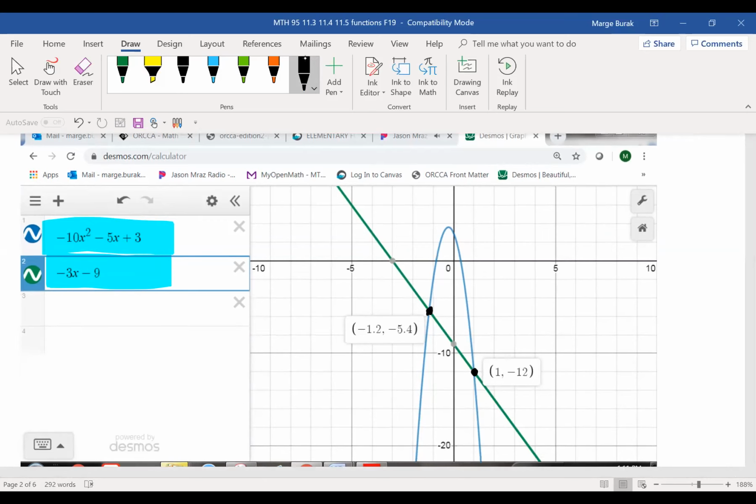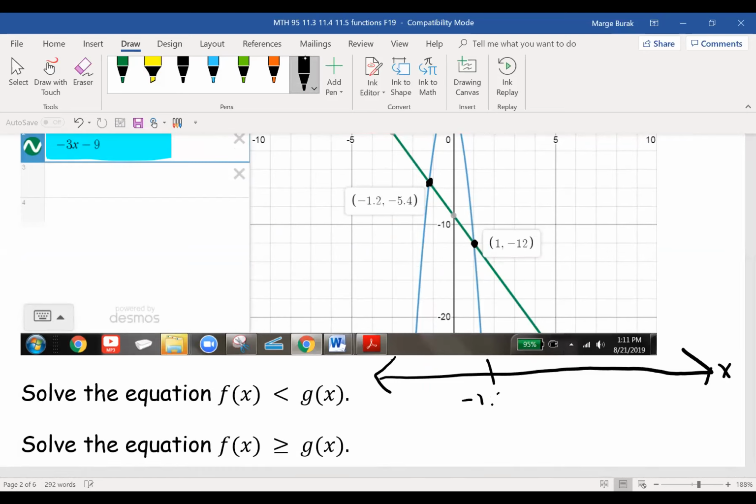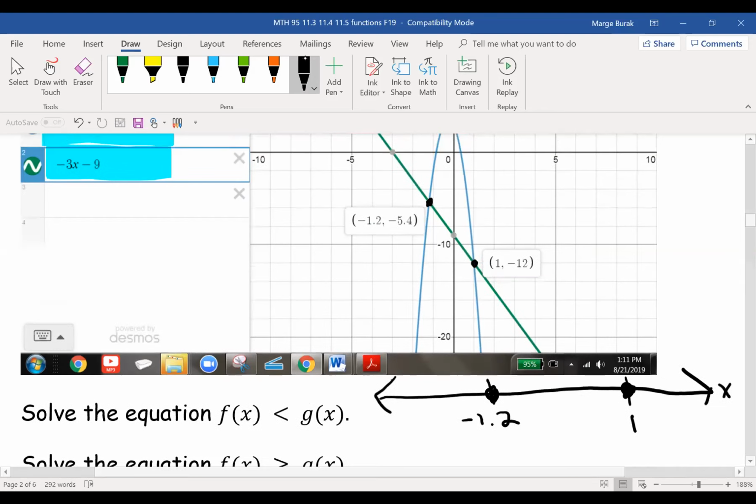And so those x-coordinates are negative 1.2. I'm going to put this on a line. This is my x-axis. So at negative 1.2 and positive 1 are where the parabola and the line are the same, why they are equal.